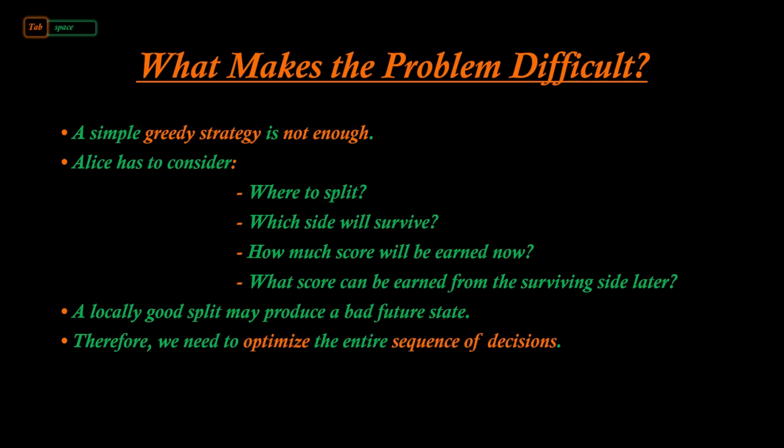So we actually need to think about two things simultaneously: the score Alice gets right now and the maximum score she can obtain later from the surviving interval. A split that gives a slightly smaller immediate score could leave behind a much better interval and therefore produce a larger total score. This is exactly the type of situation where dynamic programming becomes useful.